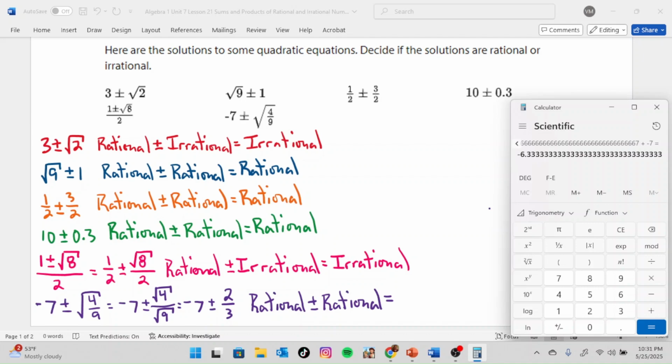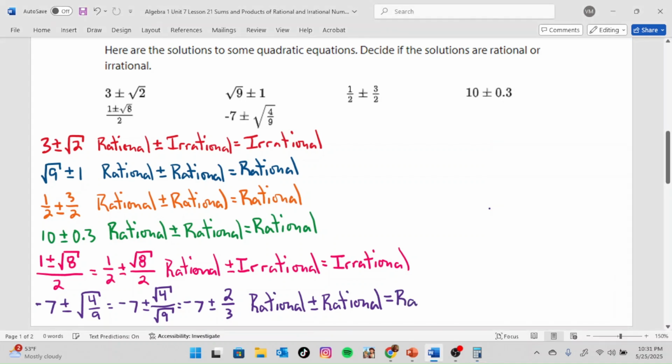Because we can write it as a fraction, that is a rational answer. So notice what happens here. Every time we add or subtract two rational numbers, we always got a rational answer. But as soon as we tried to add a rational number and an irrational number, we ended up with an irrational sum.